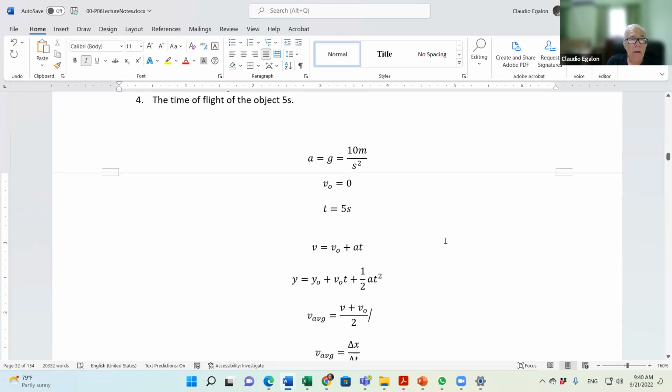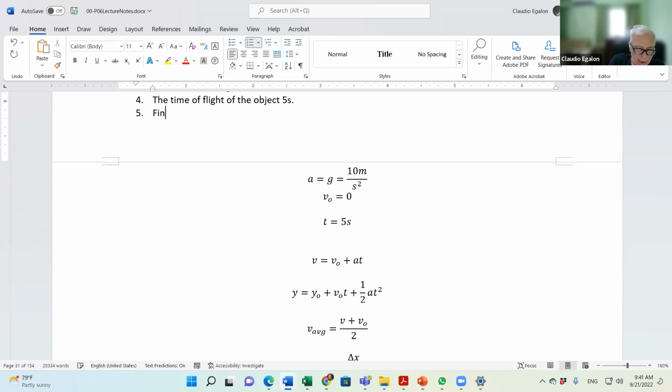Oh, and then there is one more important piece of information. So we have 5 pieces of information, and one more: the final position of the object at t equal to 5 seconds. What's going to be the height of the object at t equal to 5 seconds?